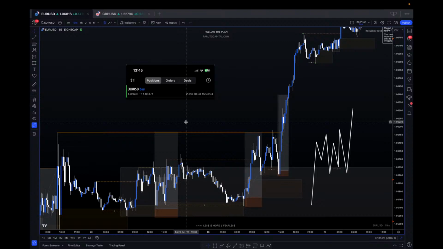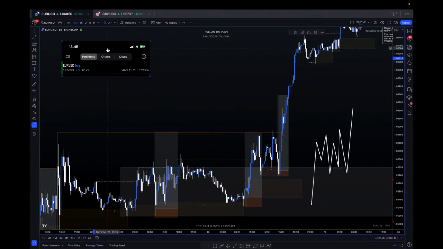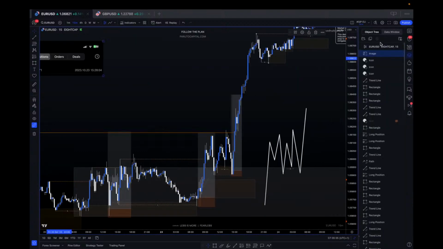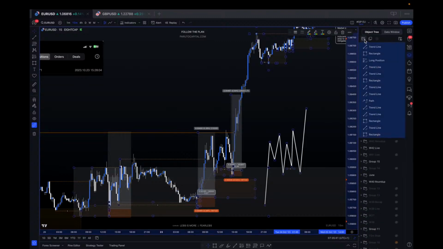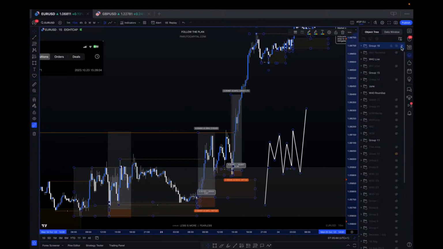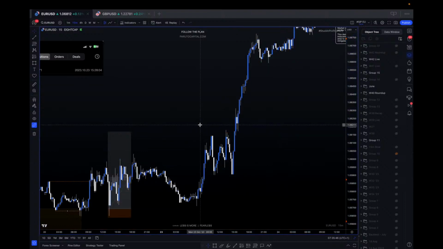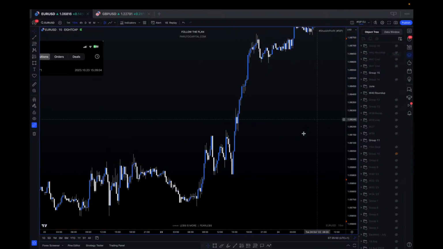To do that, I'm just going to take out all of this price, whatever we have here on the screen. Okay, so I've taken almost everything out. So let's take this to the trade setup.